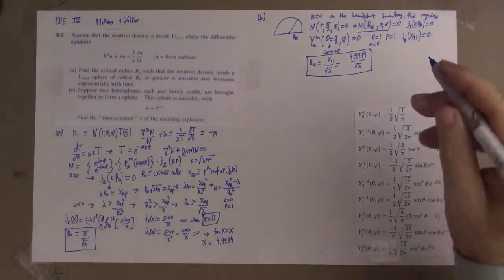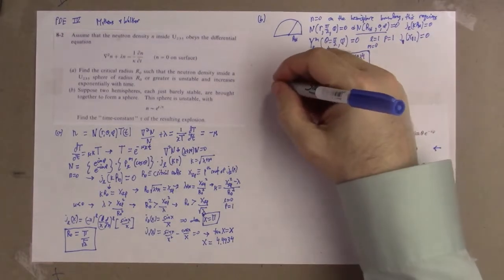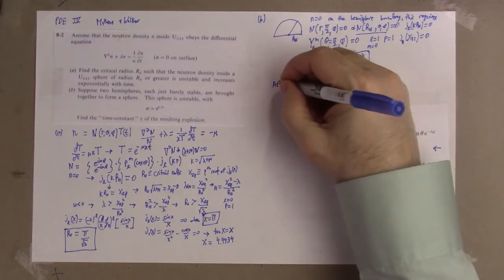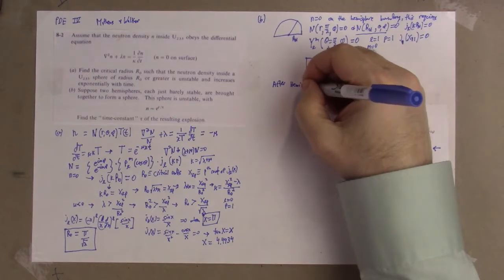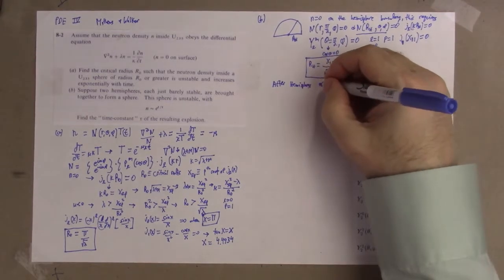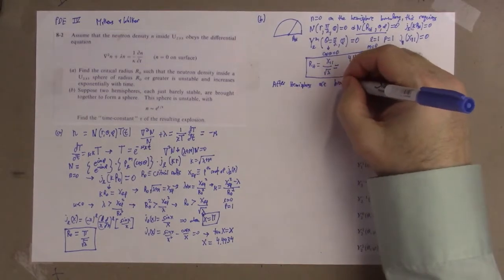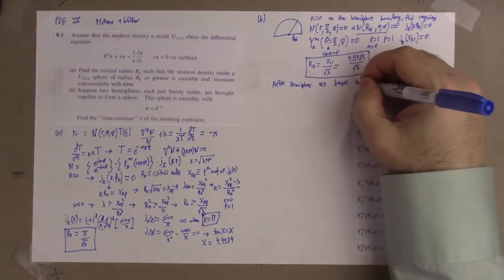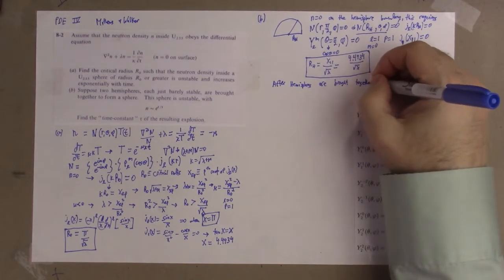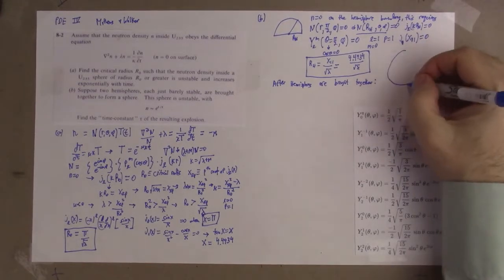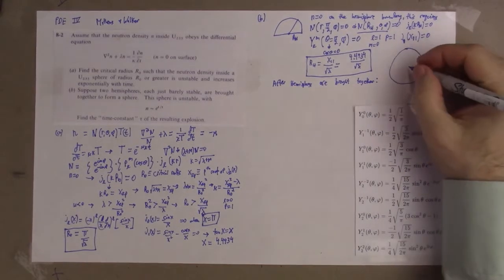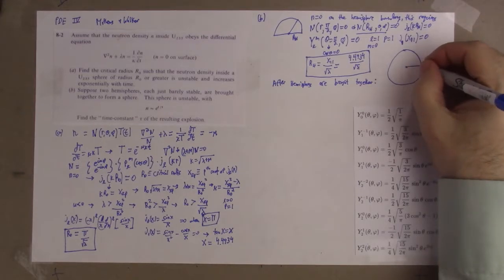So, continuing on with this problem, after the hemispheres are brought together, this is what you have. You have a sphere, radius is RH.